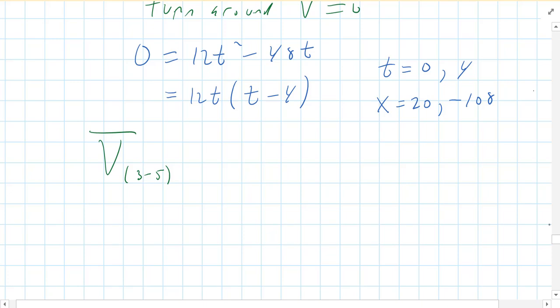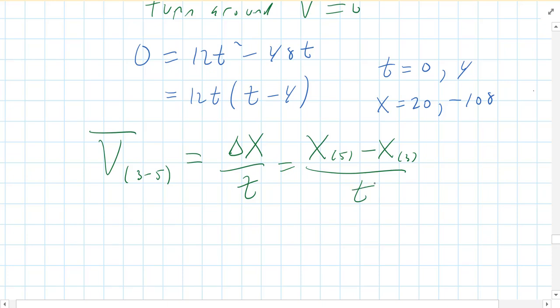Well, how do you find the average velocity? You do delta x over t, which is the x at 5 seconds minus the x at 3 seconds, over time. If you plug 5 seconds into your x equation, you get negative 80 meters. And if you plug 3 seconds into your x equation, you get negative 88 meters.